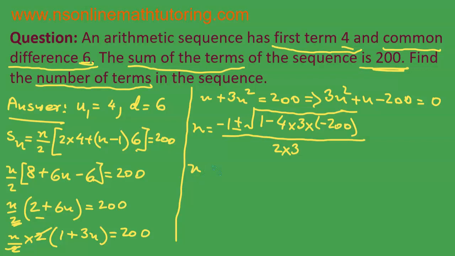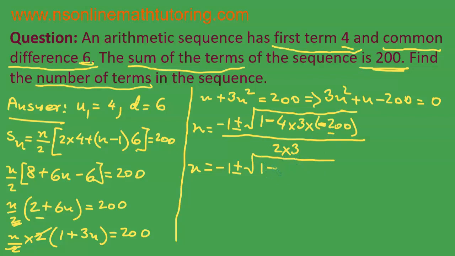So, n is equal to negative 1 plus or minus the square root of 1 plus 2400. The two minus signs, when multiplied together, give a positive product.